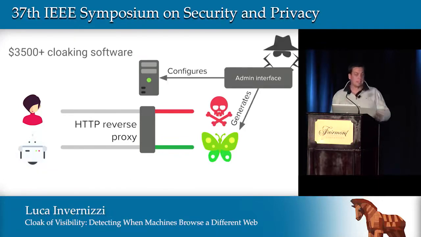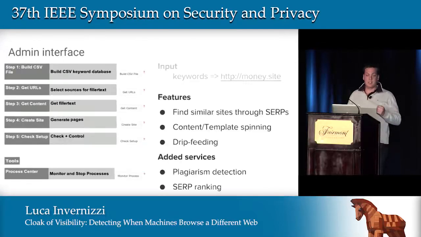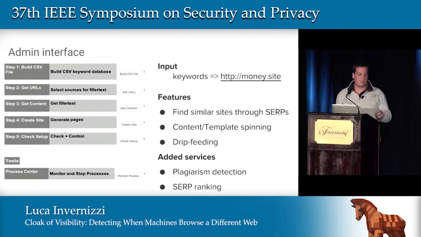The price tag also comes from the fact that the admin interface of this cloaking package makes it very easy to deploy. This is how it looks. Essentially, what you do is that you provide keywords that you want to target for SEO, such as cheap electronics, and the money site you want to send real users to.